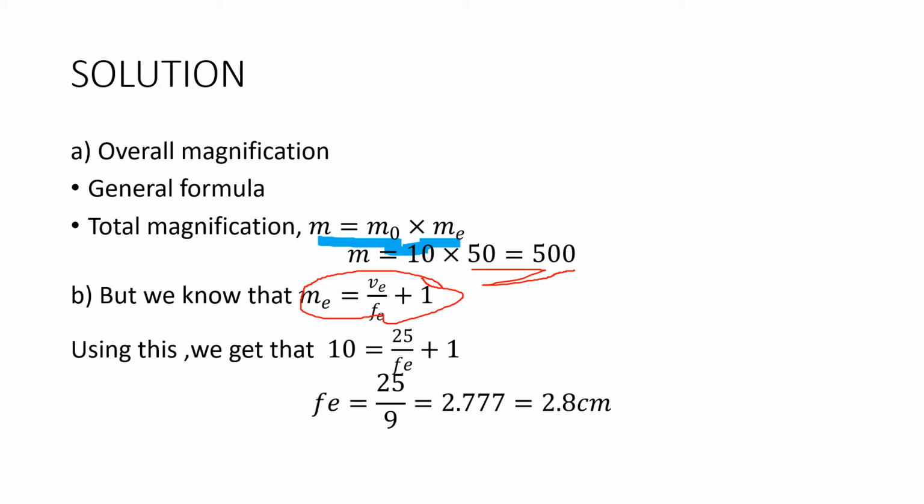In our case, VE is 25 centimeter, FE is unknown, but ME is 10. So we replace the data given in the formula, and we calculate that FE is 2.8 centimeter.